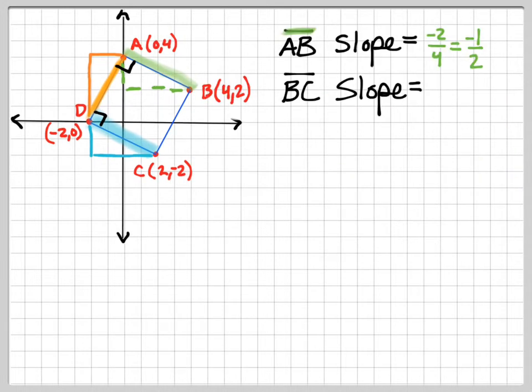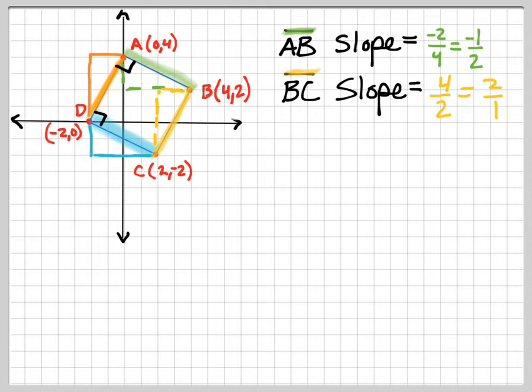Okay, I already know the slope of AB is negative 1/2. What I want to know now is what is the slope of BC here. So I'm looking at this line right here. So again, I rise 1, 2, 3, 4. I run 2. So 4 over 2, which reduces to 2 over 1.